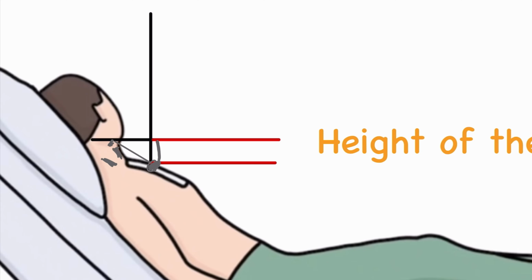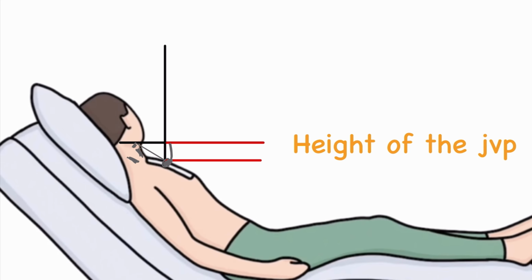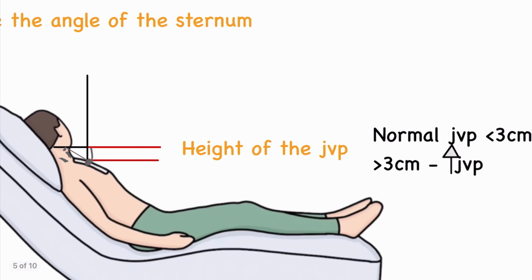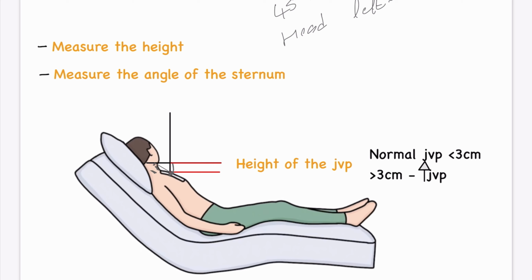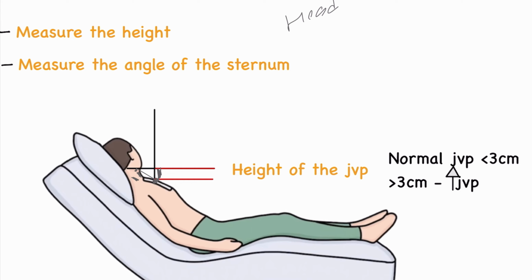This is how to measure the JVP. The normal height of the JVP is less than 3 centimeters, and if it's more than 3 centimeters, it is an increased JVP.